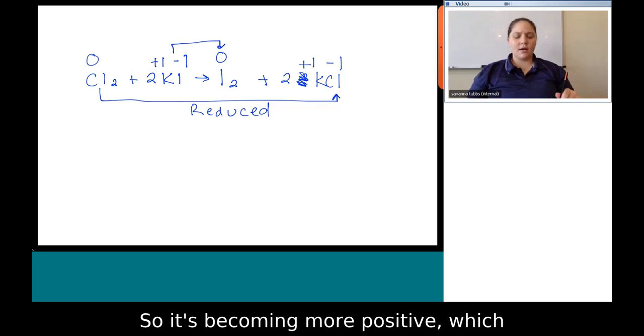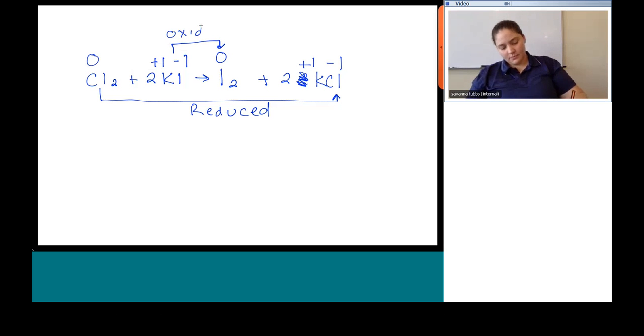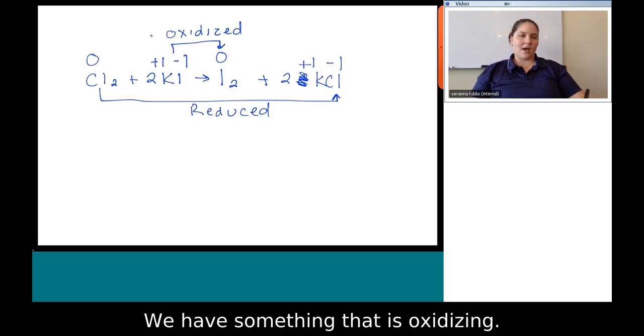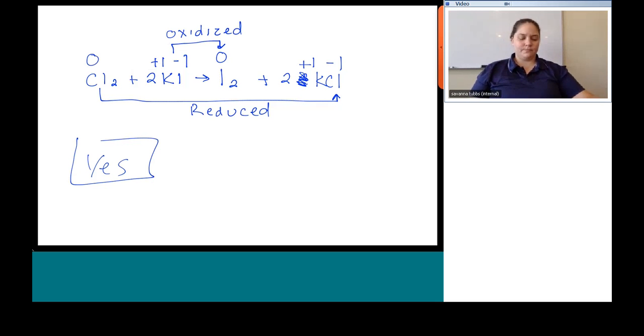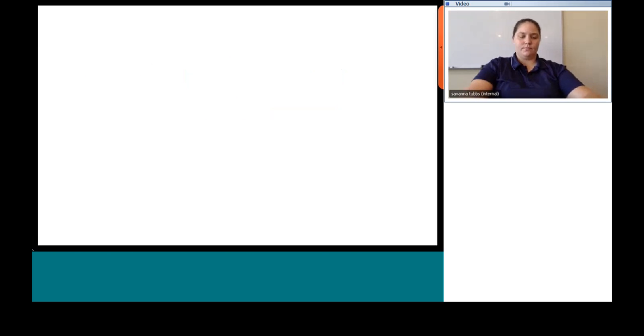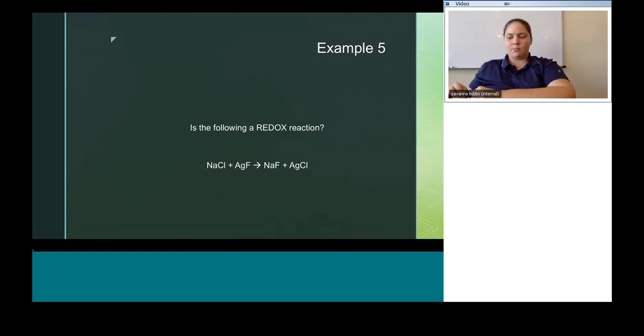So it's becoming more positive, which means it's losing electrons and it is oxidized. So we have something that is reducing, we have something that is oxidizing, so yes, this is a redox reaction. Go through a couple more examples here.